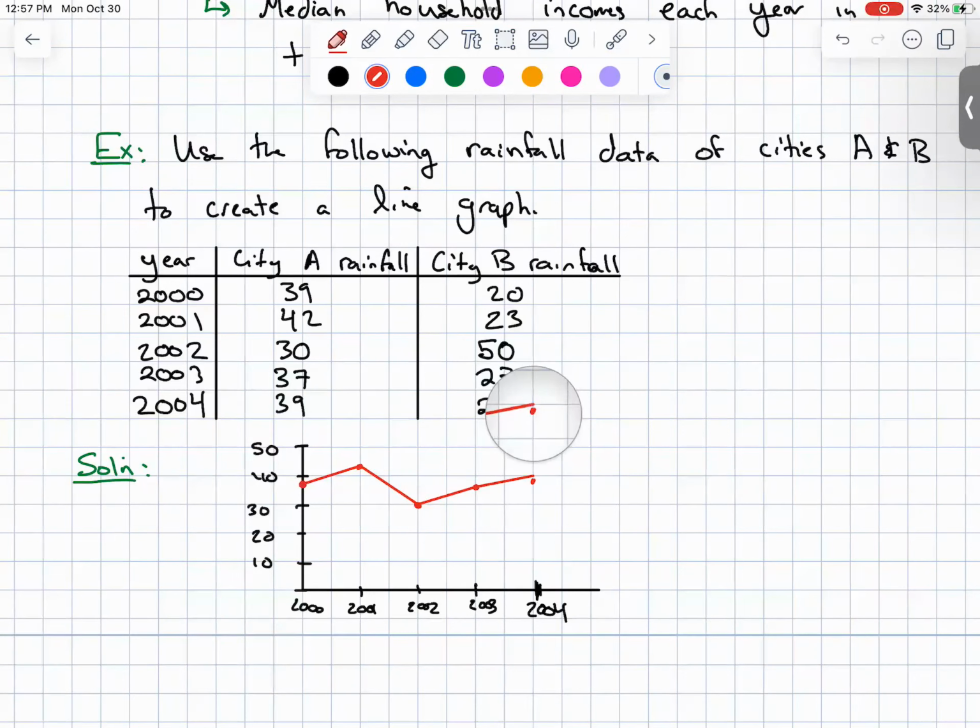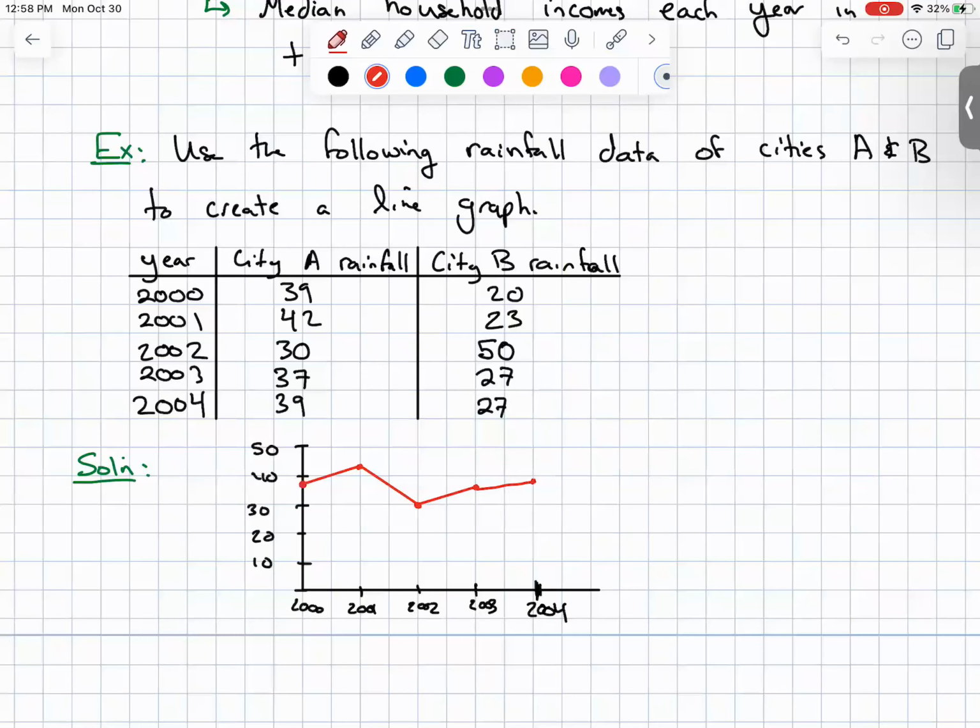Just want it to connect there. Fine, I'll draw. There you go. Now, one thing that I don't like about line graphs like this is that it makes it seem like it was increasing and then decreasing continuously. So there's a little bit of confusion there, because each point is measuring the year on average.